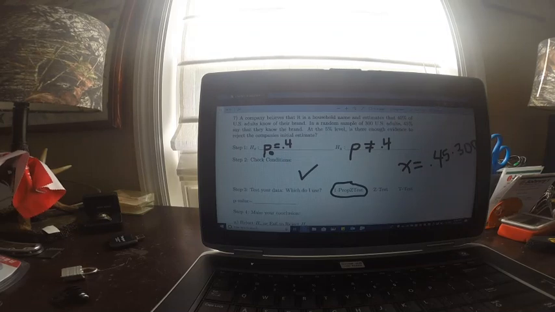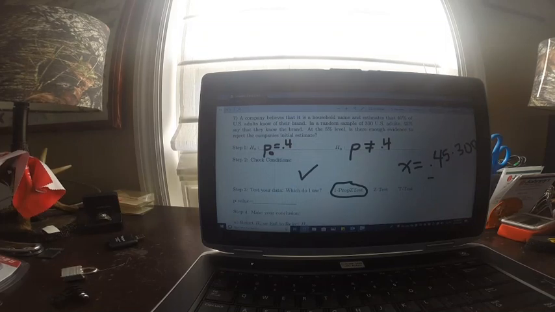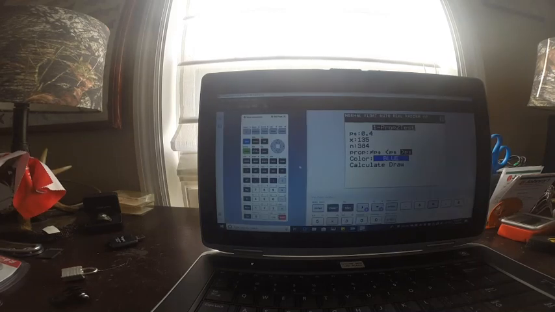If we do 0.45 times 300, you can do it directly here where the x is at. It'll give you 135. So if you really needed that step on the last one, I apologize, but here it is on this one. You're just multiplying to get that. So your x is 135. Your n is 300. Let's type your n in real quick.